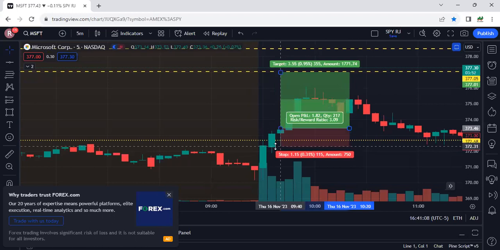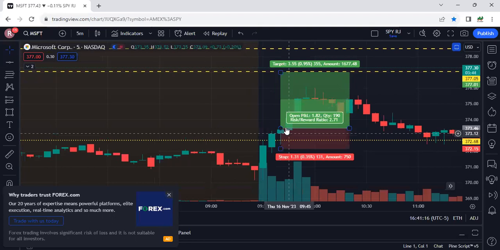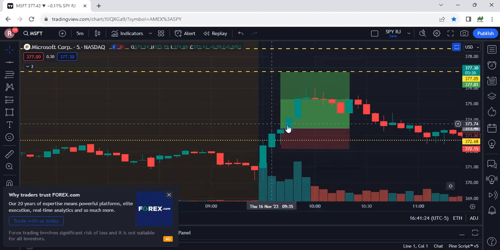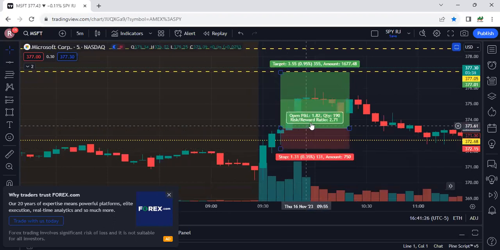Don't think that you're the only one that knows about this strategy, right? So a lot of times I like to move my stop loss a little bit below the candle, right? Because a lot of times it will wick right here and keep going, right? So if we look here, this risk to reward will be a 2.71, right? Just depending on how far this thing can go.